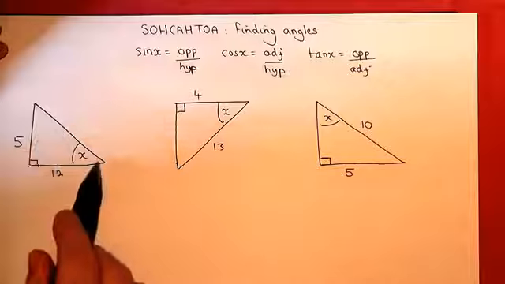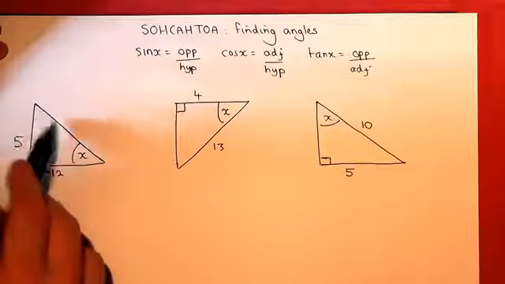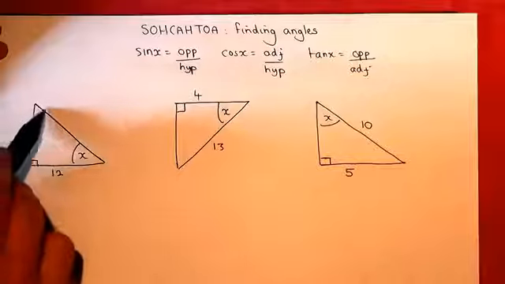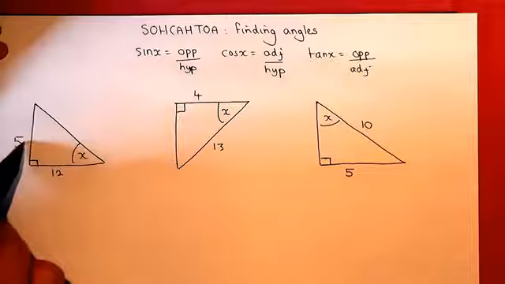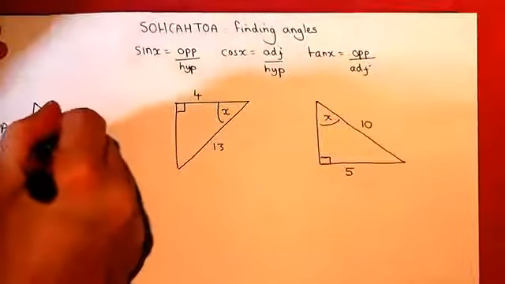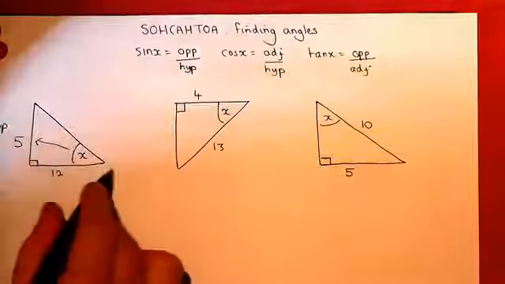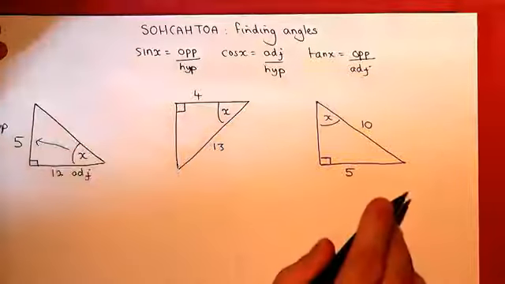From the first triangle, that's not given, but we're given the side opposite the angle. So that's the opposite, and we know the other side, which is next to the angle, that's called the adjacent.